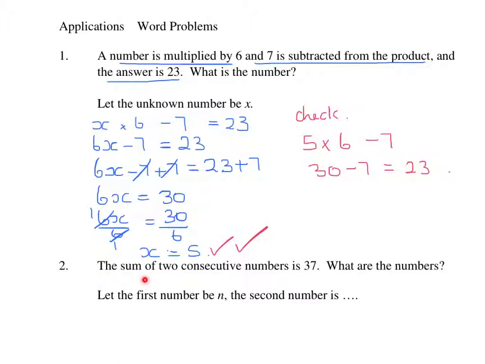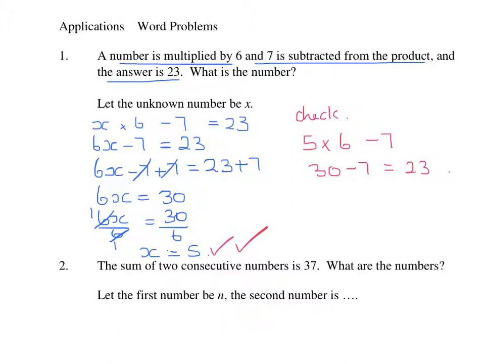The sum of two consecutive numbers is 37. So that means if we add these two consecutive numbers, we'll get to 37. What are the numbers? Well, we're going to let the first number be n. What's the next number?